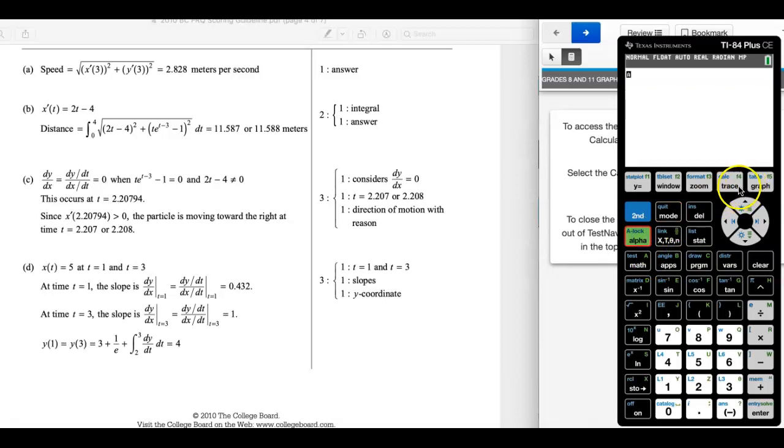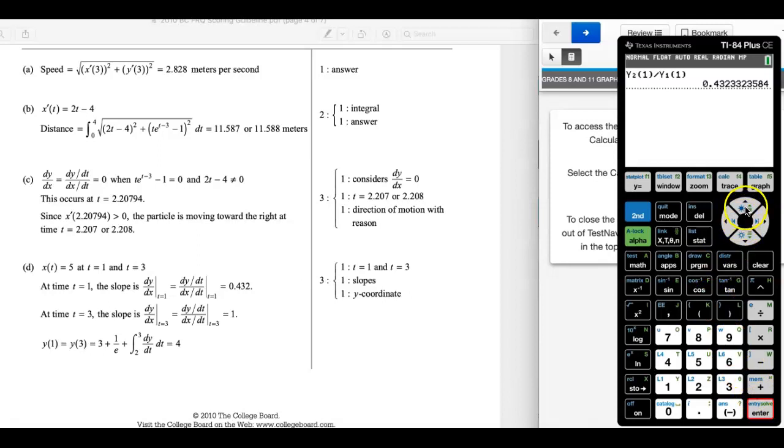So I'm going to take alpha f4, and I'm going to take the equation 2, which is dy dt, and I'm going to plug in 1. And then I'm going to divide by, and then alpha f4 y1 evaluated at 1. And this gives me my slope at 1, which you can see on the answer key is 0.432.